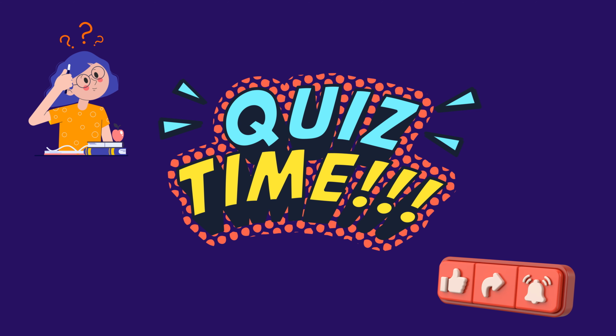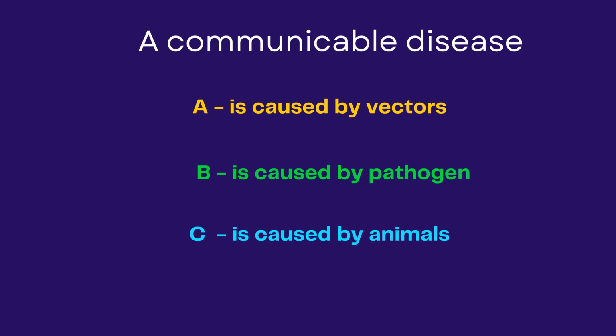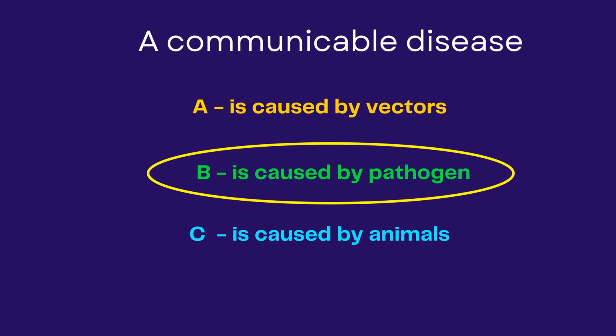Let us get into our quiz now. First question. A communicable disease, A, is caused by vector, B, is caused by pathogen, C, is caused by animals. B, is caused by pathogen.